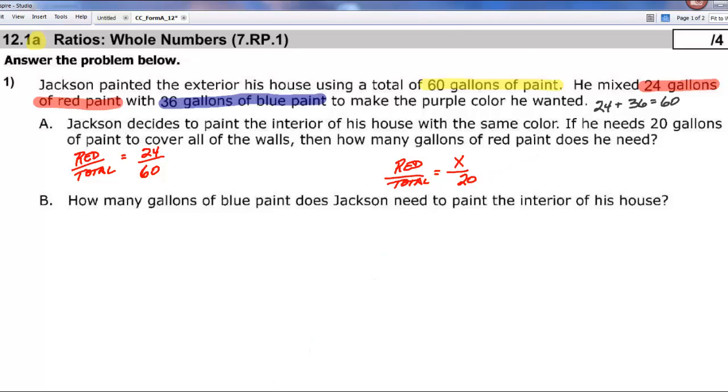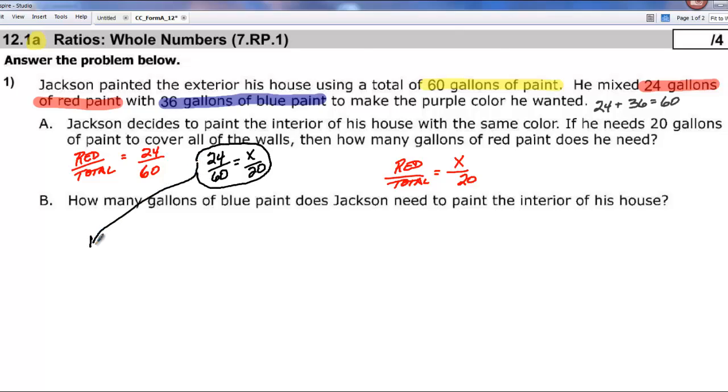So we're going to take our ratios and we're going to compare them. So we know that 24 to 60 has the same value as x to 20, 60 being the original, 20 being the new amount. I'm going to suggest to you that it's always helpful to simplify this. So let's come down here where we've got a little more room.